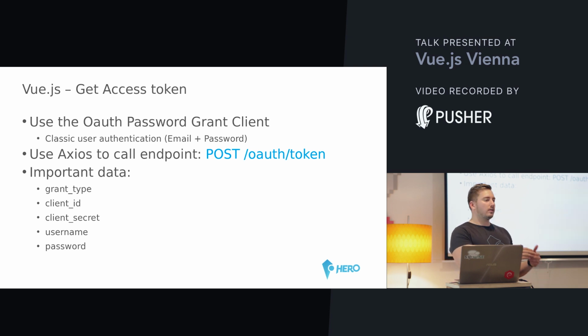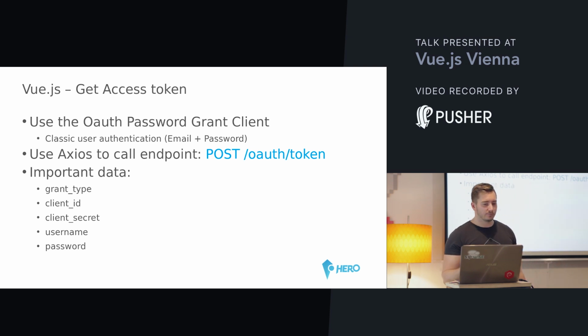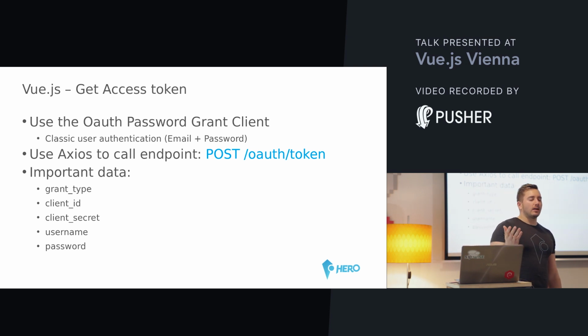And if we post to oauth/token, which I wanted to show you, we need to send some data with it. We need to send the grant type, which is the password grant type. We need to send the client ID. What is the client ID? As I told you before, you have database tables.